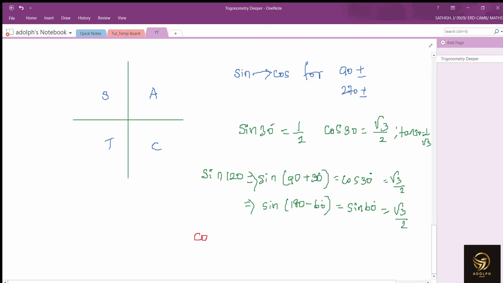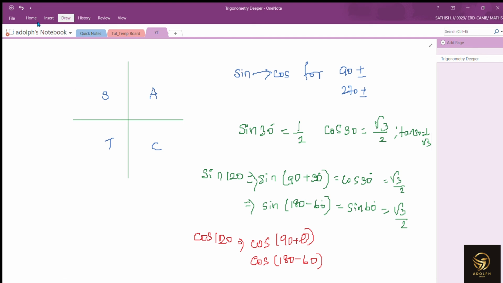Cos 120 can be written in the form of cos 90 plus 30, or else I can write this as cos 180 minus 60. Sorry, it is 90 plus 30.